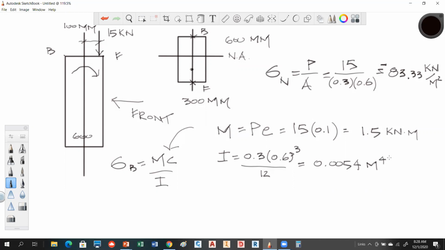Yeah. Okay. So using this equation, I'm going to put the bending equation up here so we have room to do that chart. My bending stress is going to be equal to 1.5 times C. C is the distance from here to the outside fiber, so that's half of 0.6, which is 0.3, divided by I. And this will be the right number now, okay? Let's see what we come up with now.